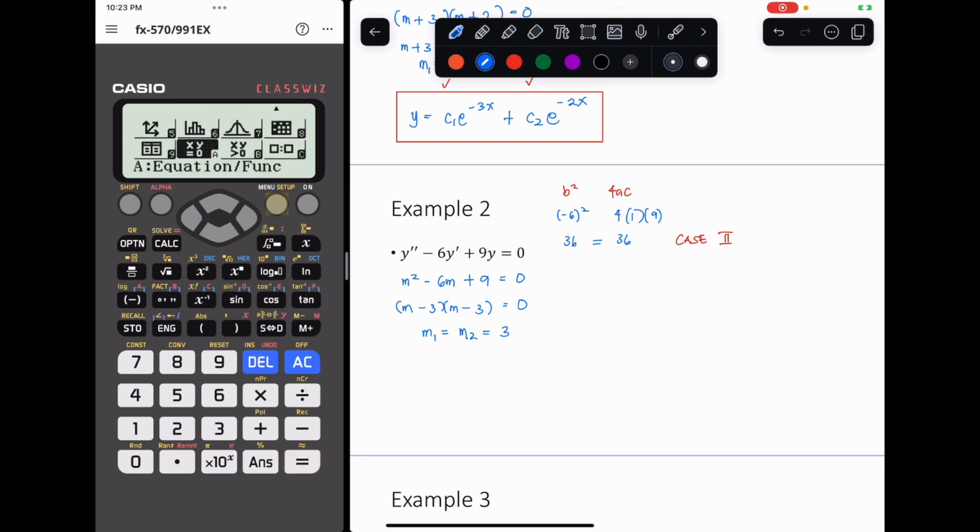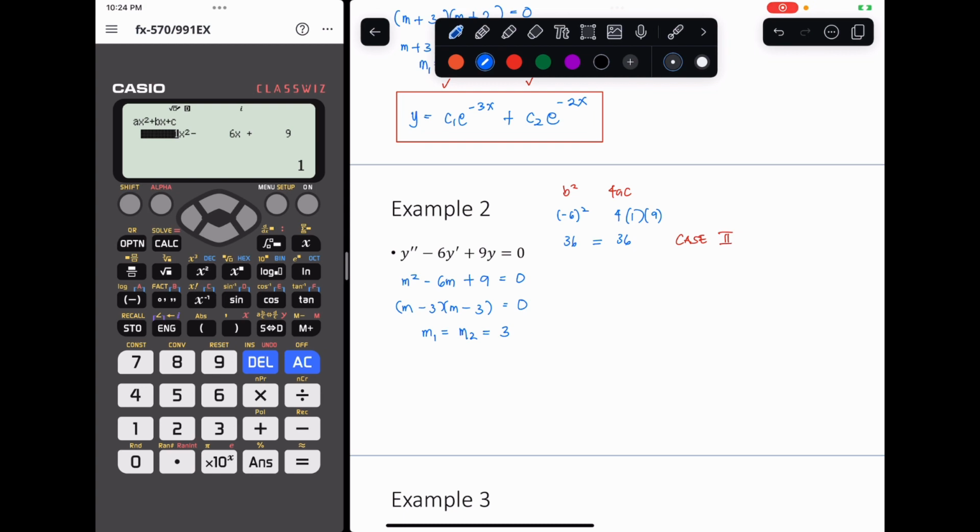Okay, so let's do it again. Polynomial 2. The coefficient is 1, then negative 6, and then we have positive 9. As you can see here, we have 3. It will not show two values of 3, but you have to take note that if it is a second order, there should be two roots.